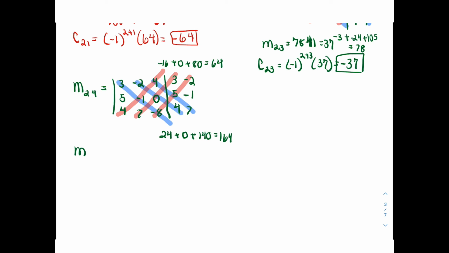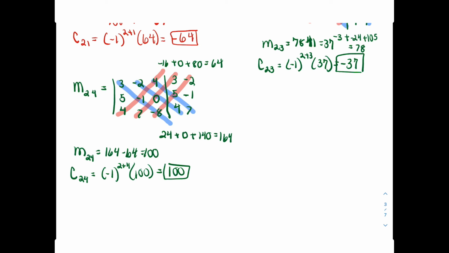So therefore, my minor for my second row, fourth column is 164 minus 64, or simply 100. I still have not found everything, so I need to find my cofactor for this. So that's going to be -1 to the 2 plus 4 power, which is an even number, so it's going to stay positive, so that's going to be 100, because I times that by my minor.